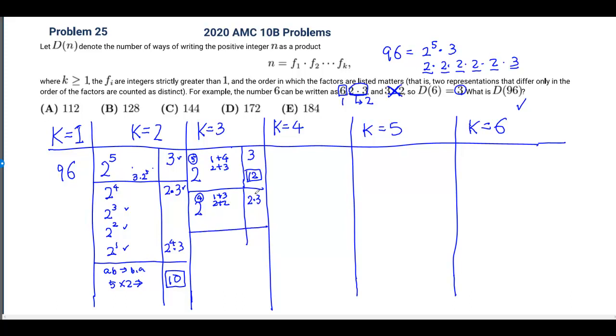For 1 plus 3, all different numbers, there are 6. For 2, 2, they are the same numbers, so we divide by 2 factorial: 6 divided by 2 is 3. In this case, there are 9 different ways available.